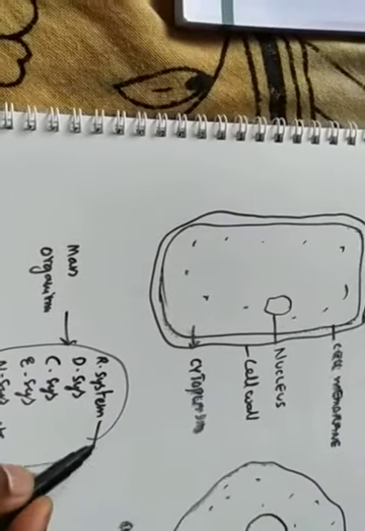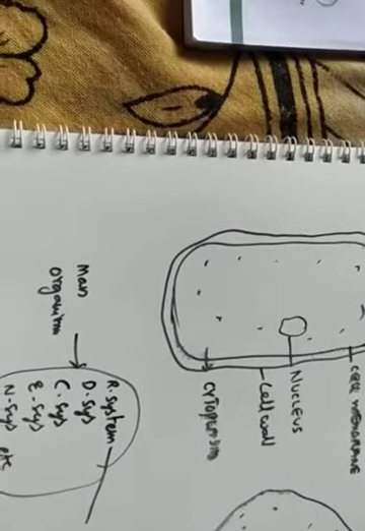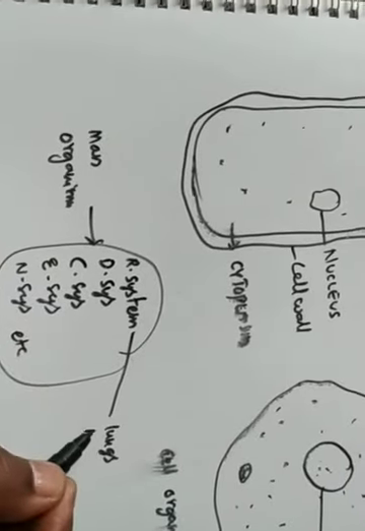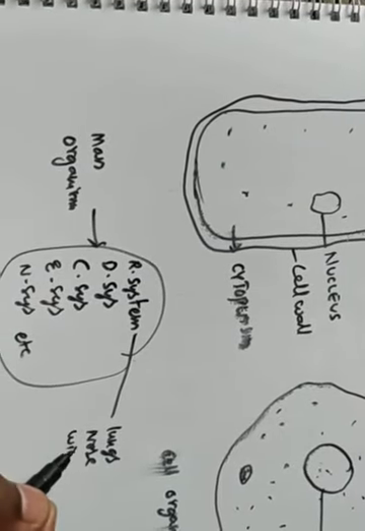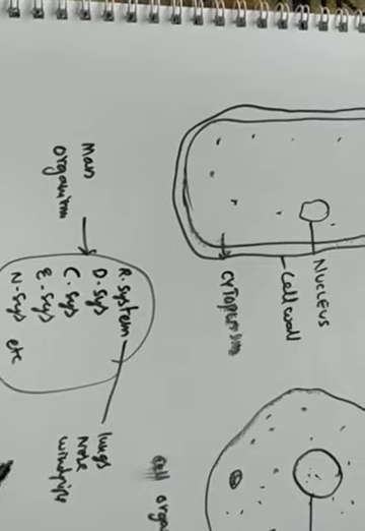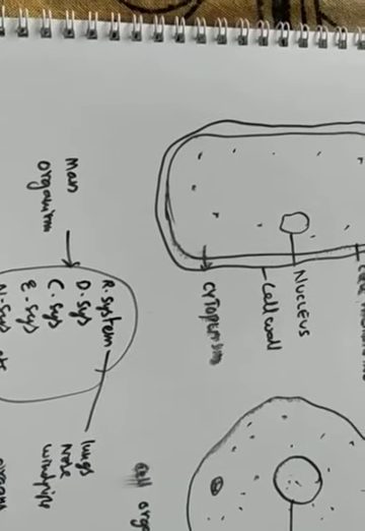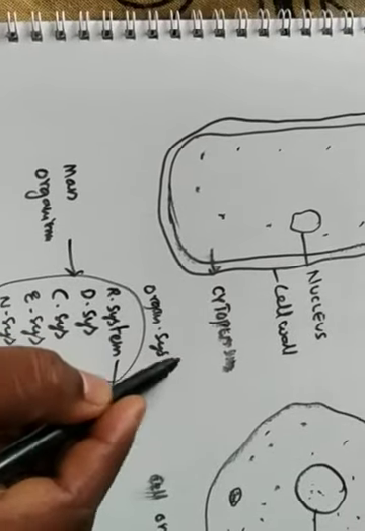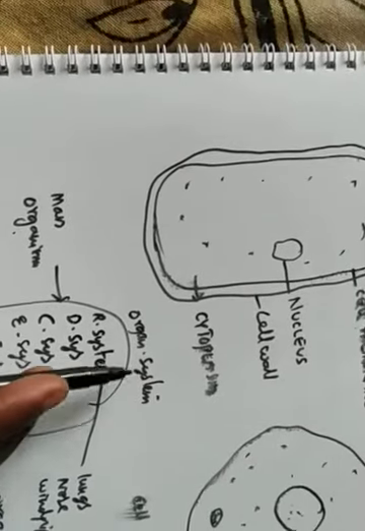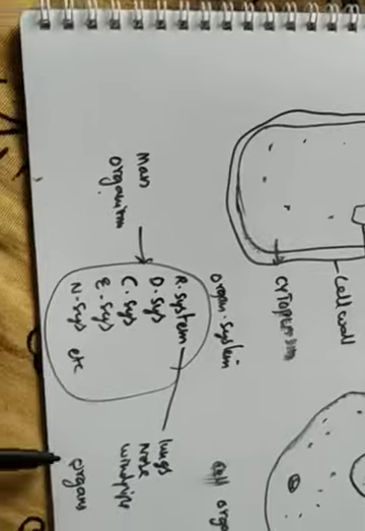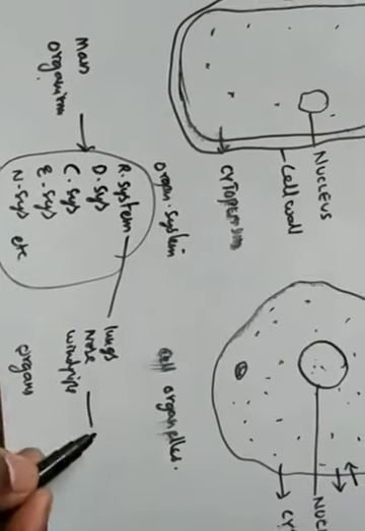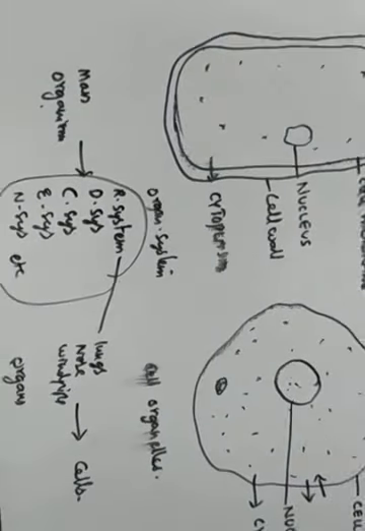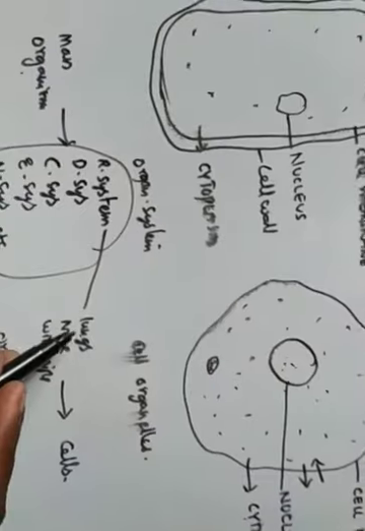When you take each system, the respiratory system is made up of lungs, nose, windpipe, etc. So these are called organs. These are organ systems. So an organism is made up of organ systems. An organ system is made up of organs, and each organ is made up of cells. Okay. Now what is the duty of the lungs?